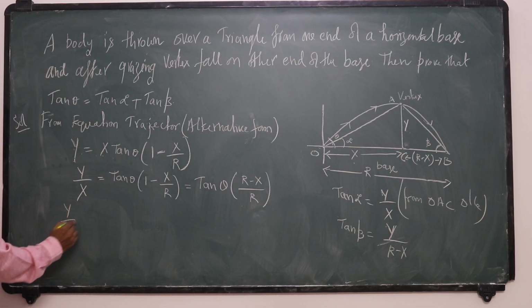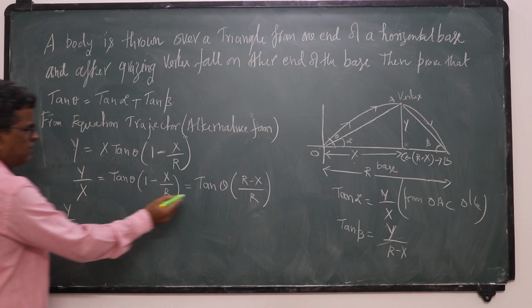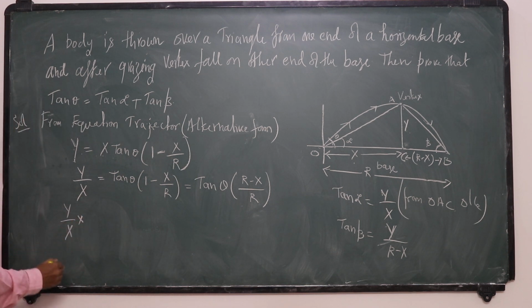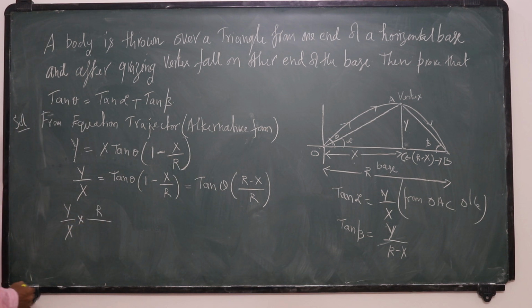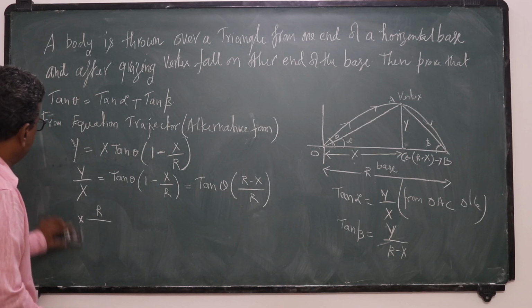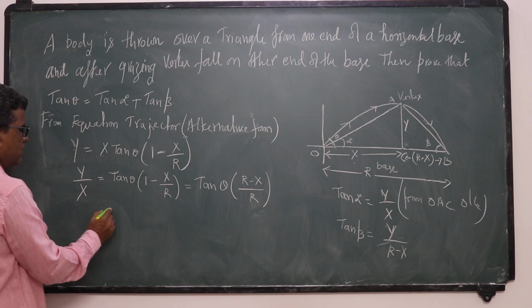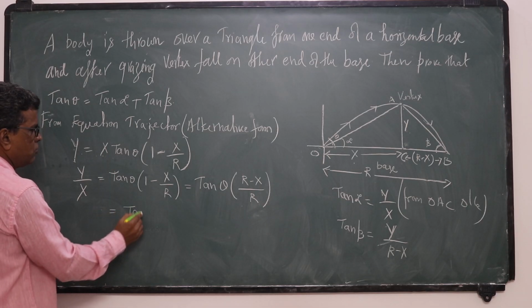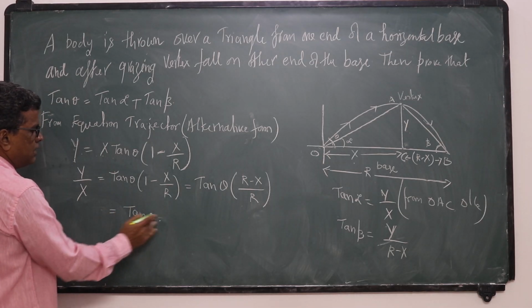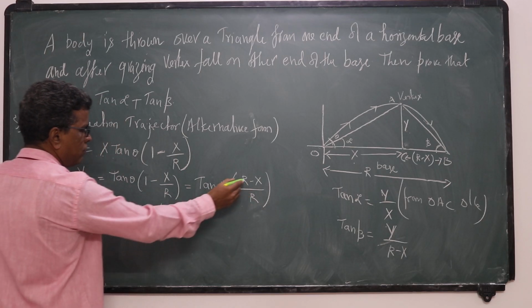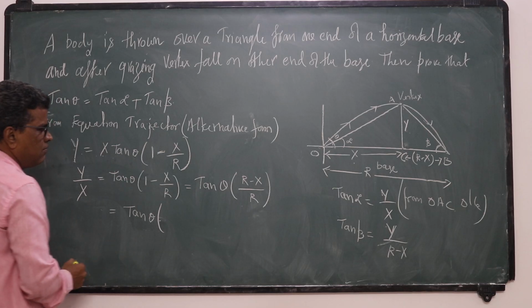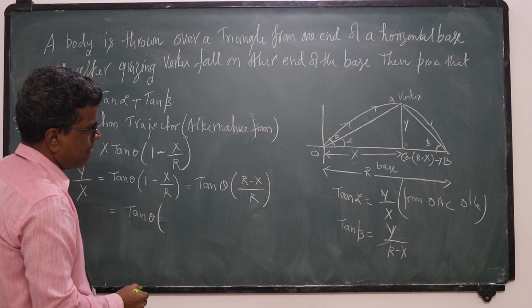So tan alpha equals tan theta times r minus x by r.